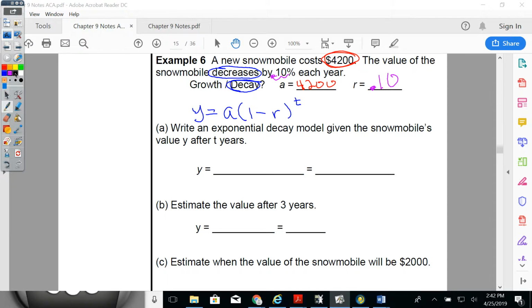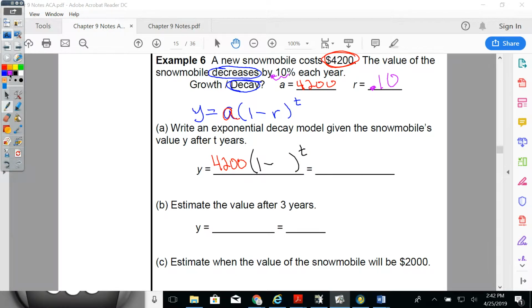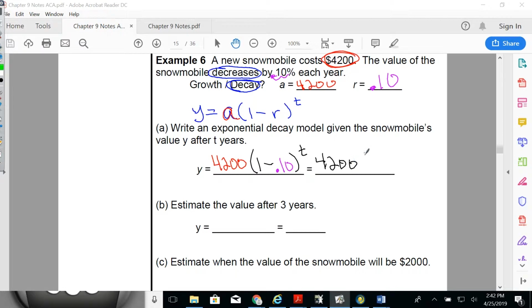So now plugging everything into our equation, we plug in A as 4,200, and we do 1 minus r to the t, and r is 0.10. So if we just subtract these, 1 minus 0.10, we get 4,200 times 0.9 to the t. 0.9 would be our base here, our decay factor.